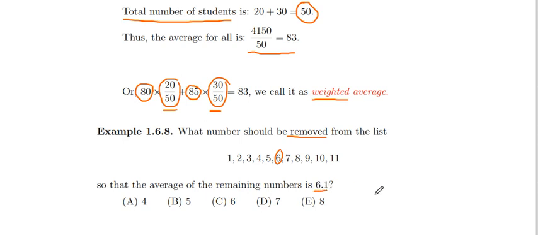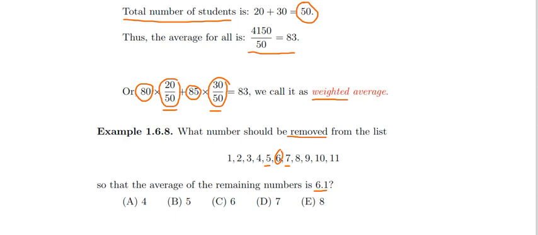So you should remove a number in the neighborhood of the average. You cannot remove 1 or 11, the smallest or the biggest number. So you should remove 5 or 7. Which one should we remove?